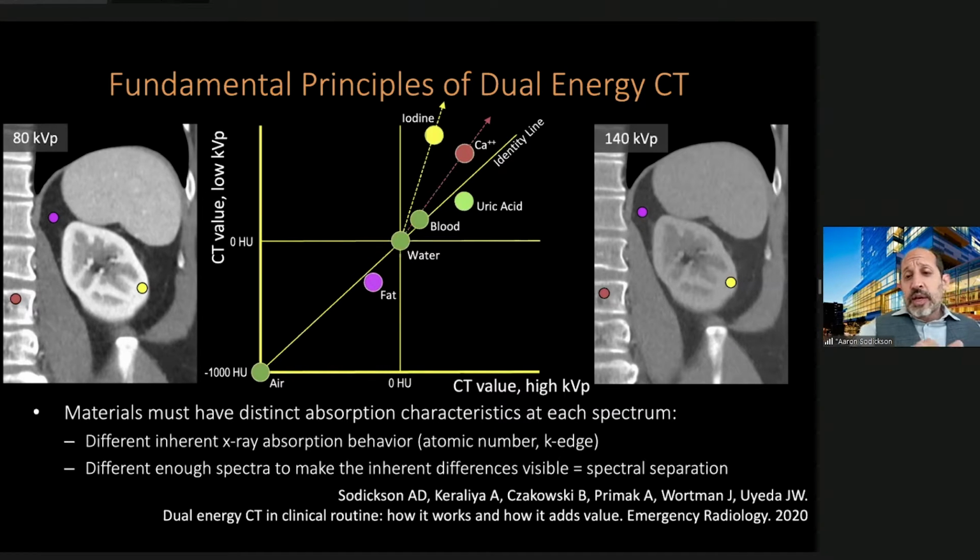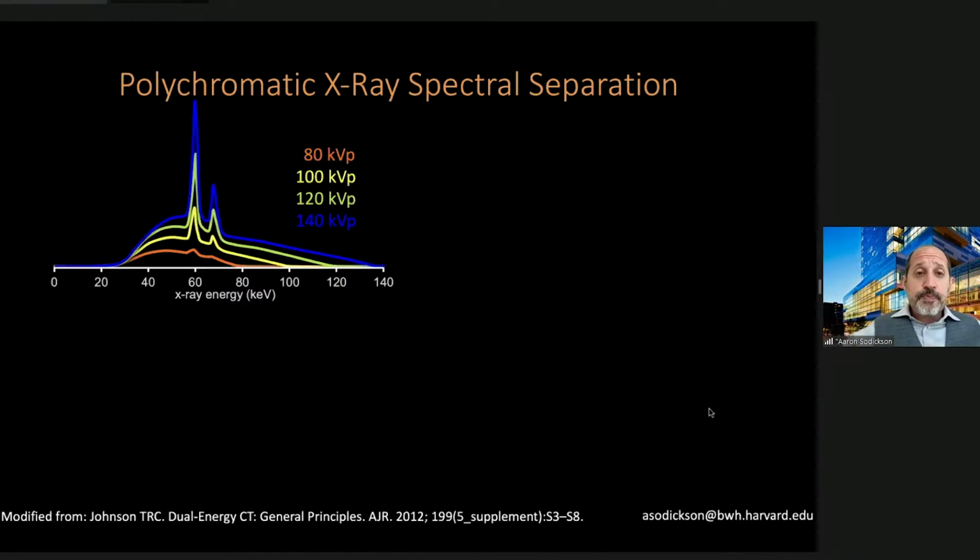And this is called spectral separation. So as one example, if we tried to put 139 Hounsfield units here and 140 Hounsfield units here, it doesn't matter what the material's behavior is, they're going to look to be at identical Hounsfield units. So we need that spectral separation in our acquisition technique.